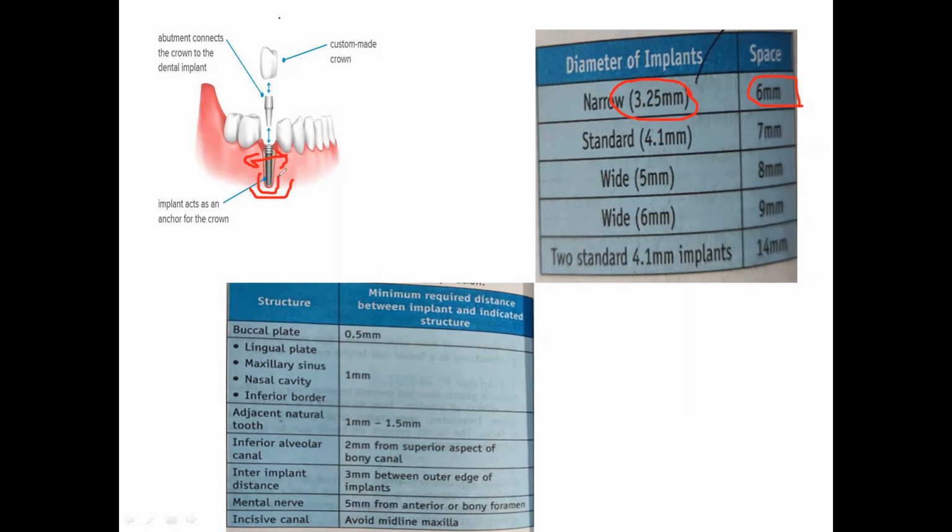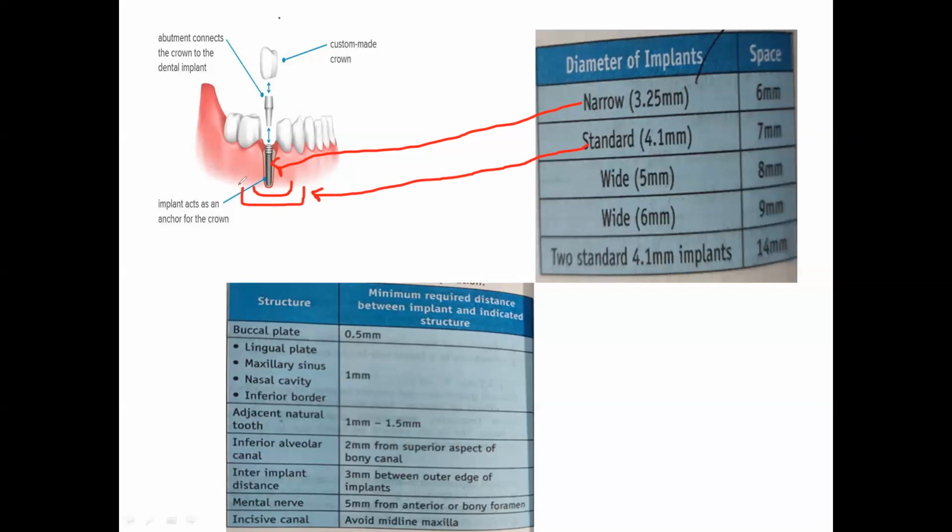Sorry, the space is 6 millimeter, the edentulous space is 6 millimeter, like here. Here I will give an implant of 3.25 millimeters, not more than that. But the same space, if it is 7 millimeters, I can give here an implant of 4.1 mm. That is the standard size of implant.